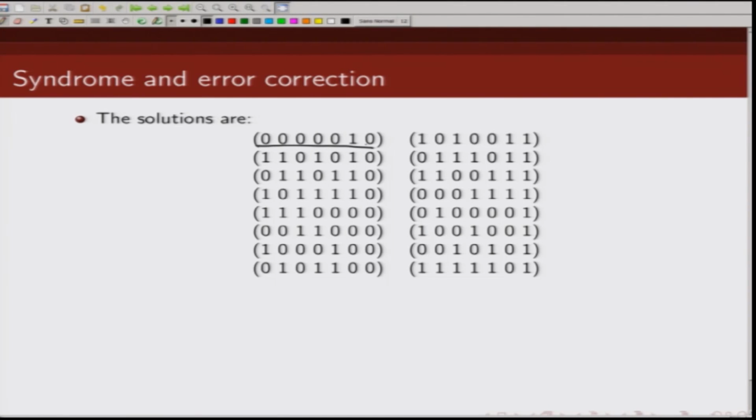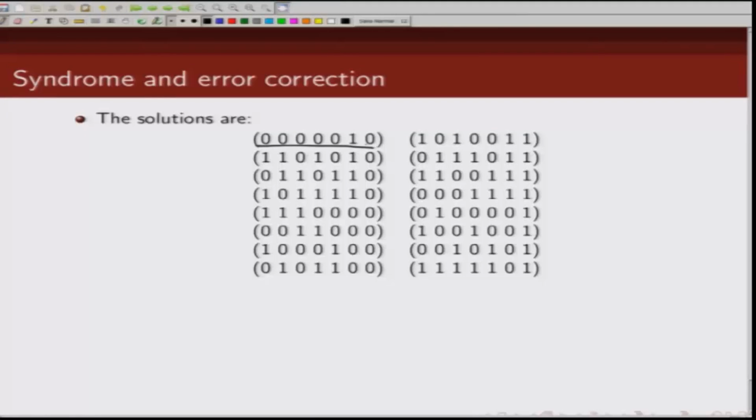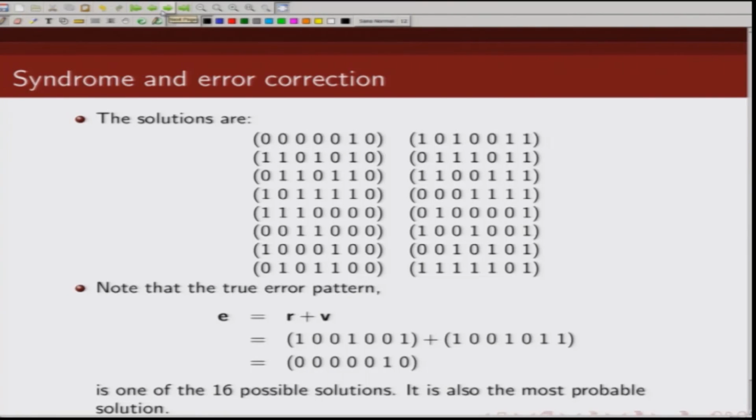You can check, this one has the least number of ones, so this error pattern has the least Hamming weight. Out of those 2 to the power 4 solutions, this is the most likely solution, and we can verify this because we were given the received sequence and we knew the transmitted sequence. The error pattern indeed was this, which we found by solving this set of equations.